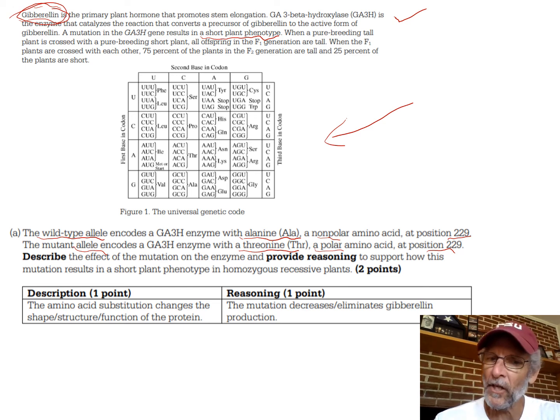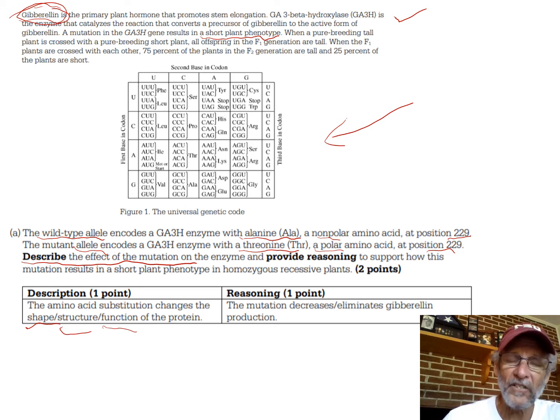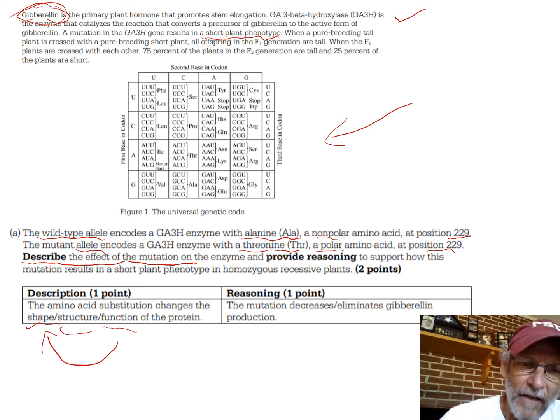They expect you to know that that kind of change can cause a shape change that can cause that thing not to work, right? This is what they want in the description of the effect of that mutation. They want shape change, but they'll take structure change and they'll even just say it changes the function of the protein, but this is why it changes it. This is definitely better.